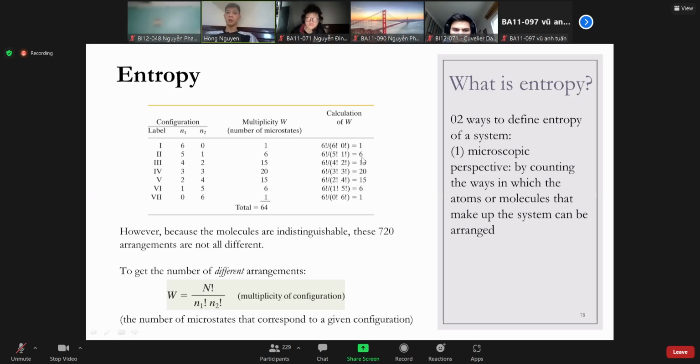I mean the number of different arrangements for our molecules. If we continue, we will see a different number here. And if we look at our configuration where half of our molecules are present in one half, and half of our molecules are found in the other half of our box, it will have the highest number of microstates.